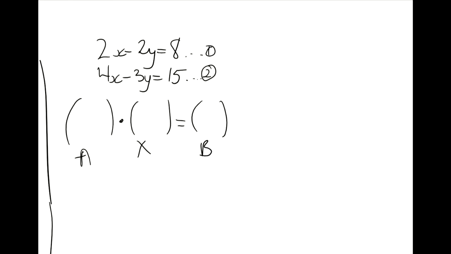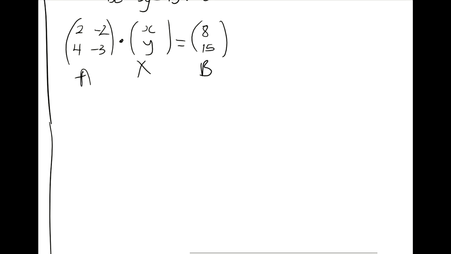So you have 2x, you get a 2. You have minus 2y, you get negative 2. You have 4x, that gives you a 4. You have negative 3y, that gives you a negative 3. Again, our X matrix doesn't change. It's going to be x and y, and B will be what these are equal to, 8 and 15.